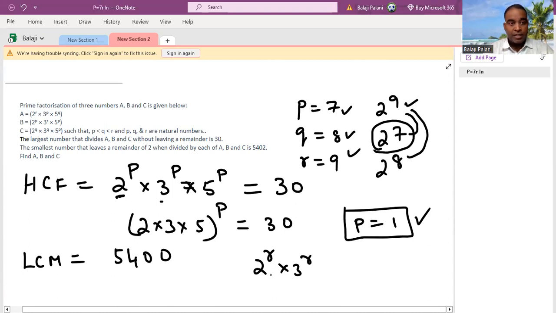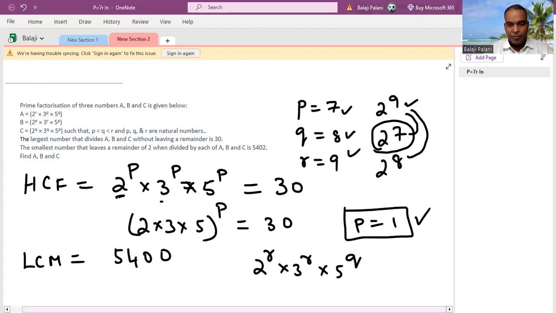So there are no uncommon terms here with A, B, and C. And when it comes to 5, we have 5 power Q, 5 power P, and 5 power P. So the biggest one here will be 5 power Q, because P is less than Q and less than R.